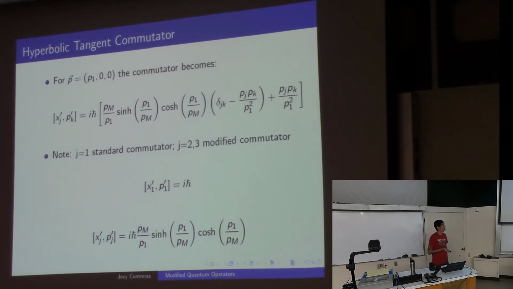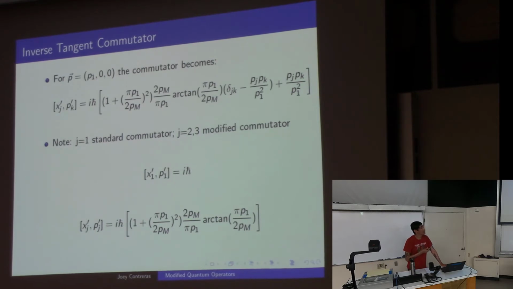For the orthogonal directions, when both of them are equal to either 2 or 3, we get this funky looking thing. And to be honest, we're not quite sure how to interpret it yet. Once again, this is ongoing work, and it is something that we are trying to tackle at the moment. And there is another paper in the works regarding this sort of thing. But nonetheless, it's an interesting result that I think is worth bringing out.